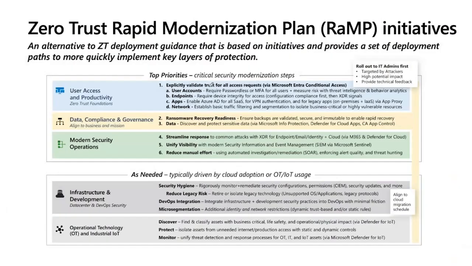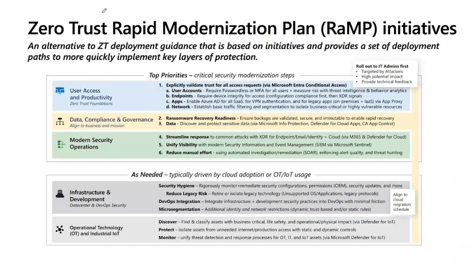For applications, we can enable Azure AD for all SaaS applications, VPN, and many other solutions. For network, we can establish basic traffic filtering and segmentation. So these are different components that we can consider in a very initial phase for user access and productivity.